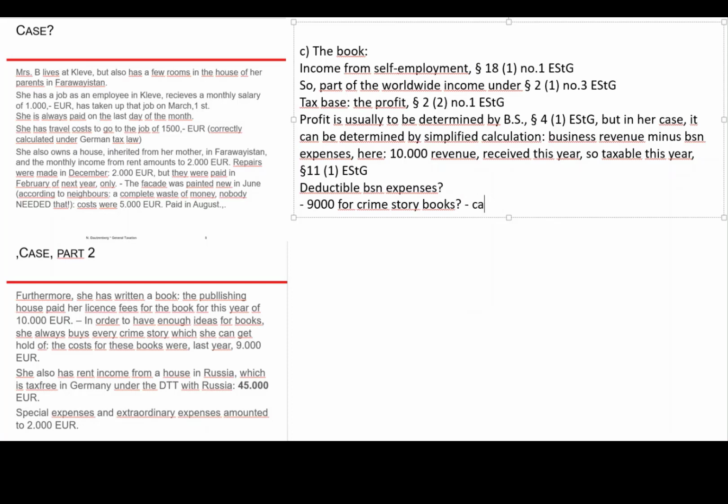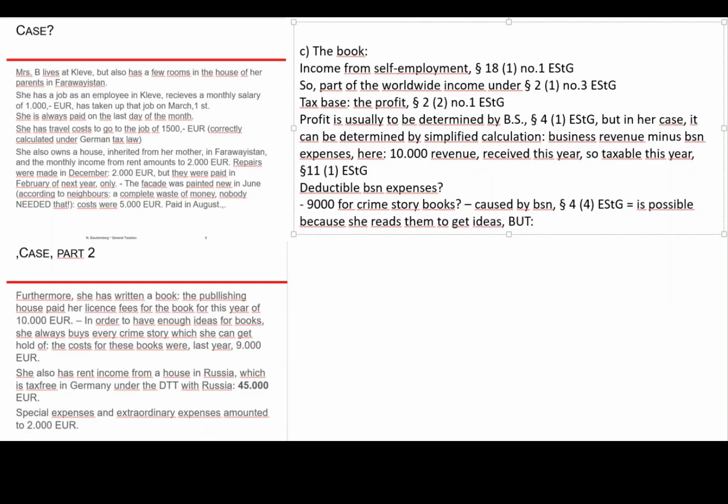Cost by business, section 4(4) ESTG, is possible. But now because she reads them to get ideas, but collecting crime stories also has a private consume aspect.